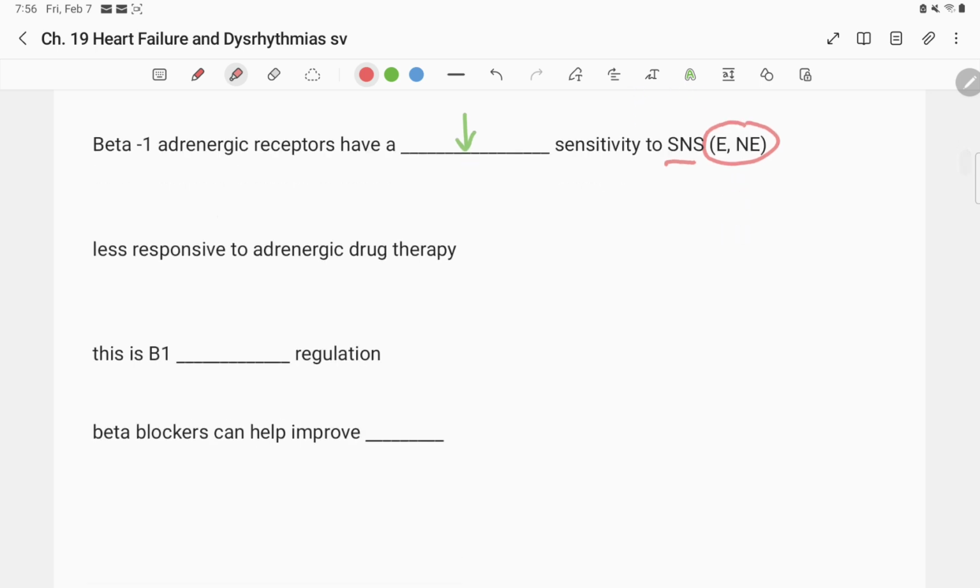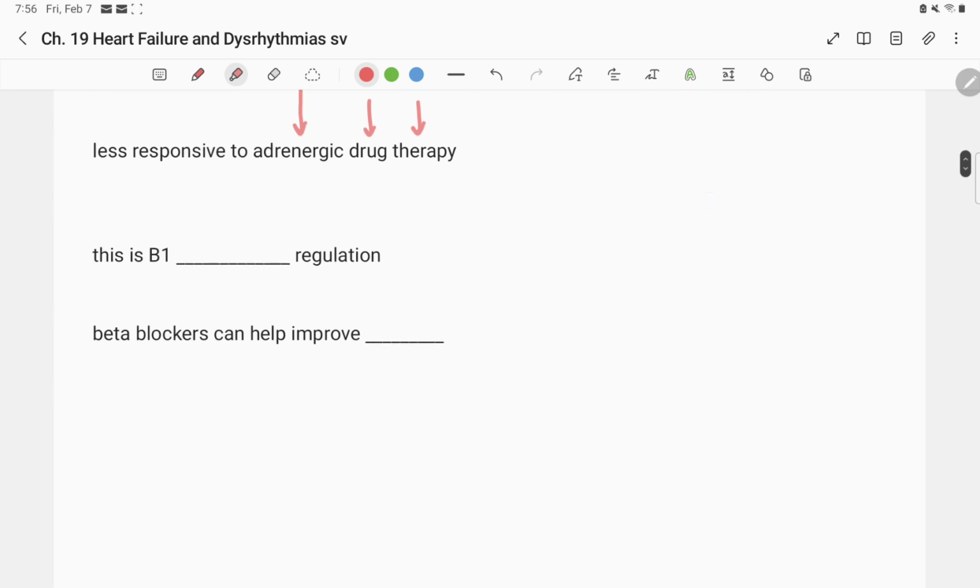They're also less responsive to the sympathetic drug therapy, so the adrenergic drug therapy. And this is beta 1 downregulation, and beta blockers can help improve the ejection fraction.